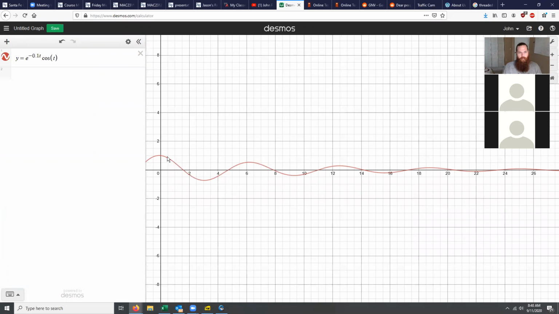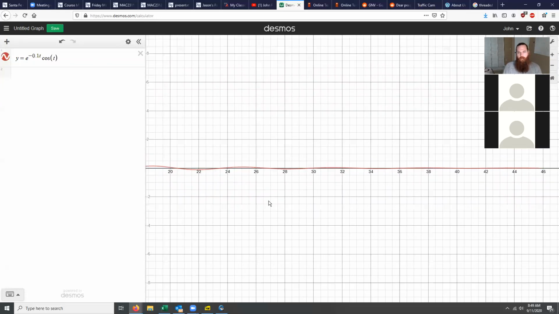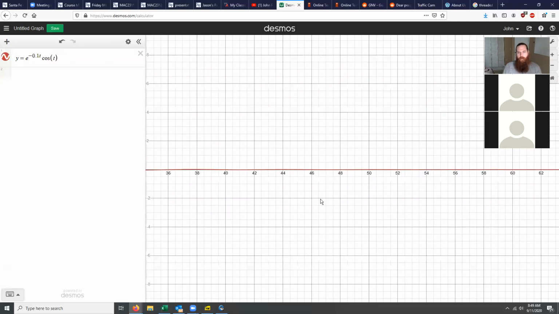We just look to the right. You see here you start off with a regular cosine wave, but it's getting smaller and smaller and smaller. That's the dampening effect. The e to the negative t is like squishing the cosine wave down. So it'll continue to oscillate, but those oscillations will get smaller and smaller over time.